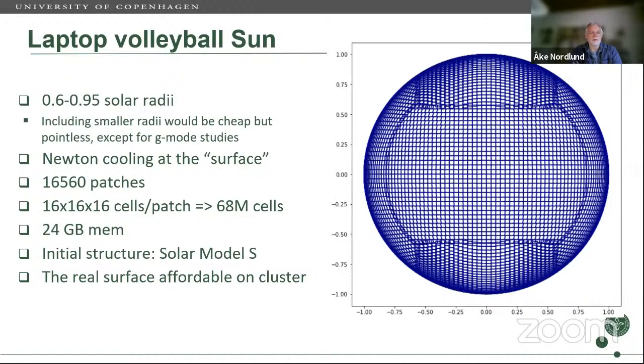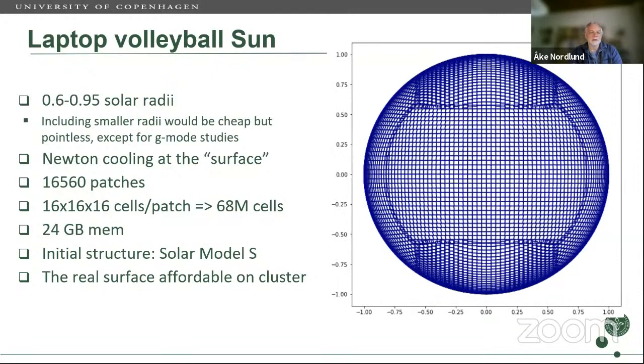It covers 0.6 to 0.95 solar radii. One could include smaller radii, but that would be cheap, as you could see in the previous ones, but also pointless, except if I want to study g modes. Because we're not going all the way to the surface, instead we can do Newtonian cooling, calibrated to give the right solar flux.